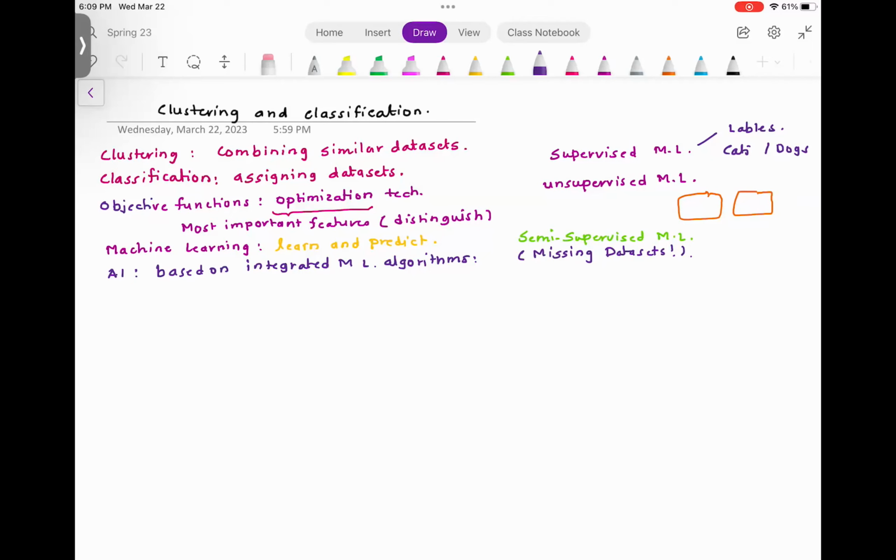Also, there is another concept called active learning. In active learning, for example, you have a data set in which you have labels for only a limited set of the data.